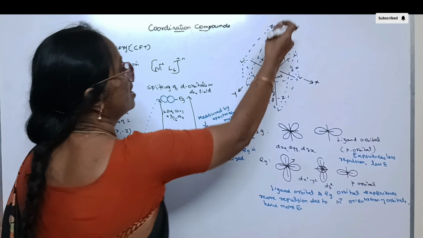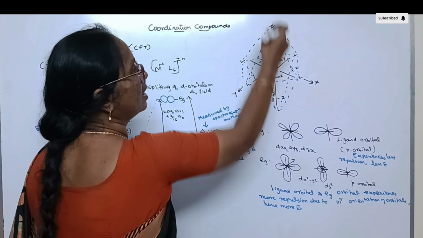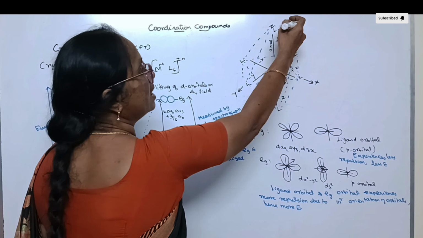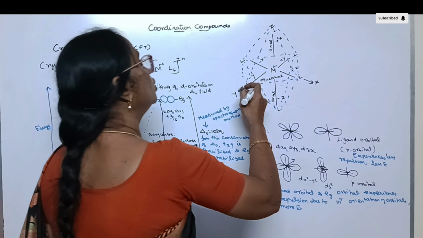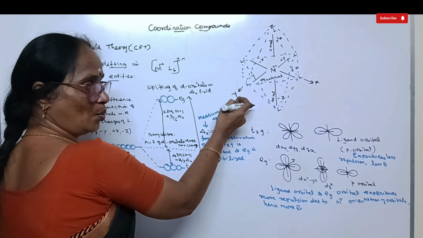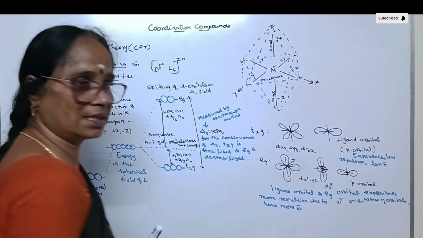One of the axial ligands lies along the z axis, two more ligands are along the y axis, and the other two are along the x axis.